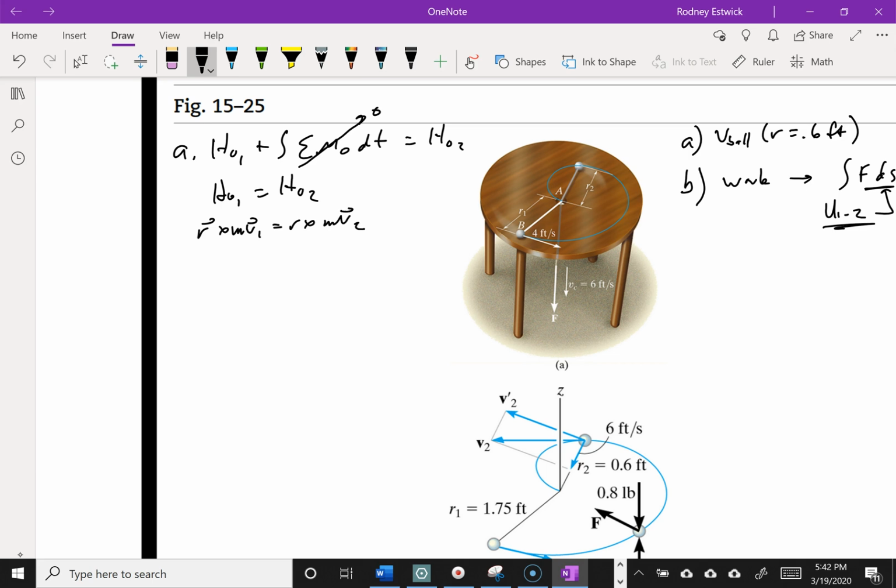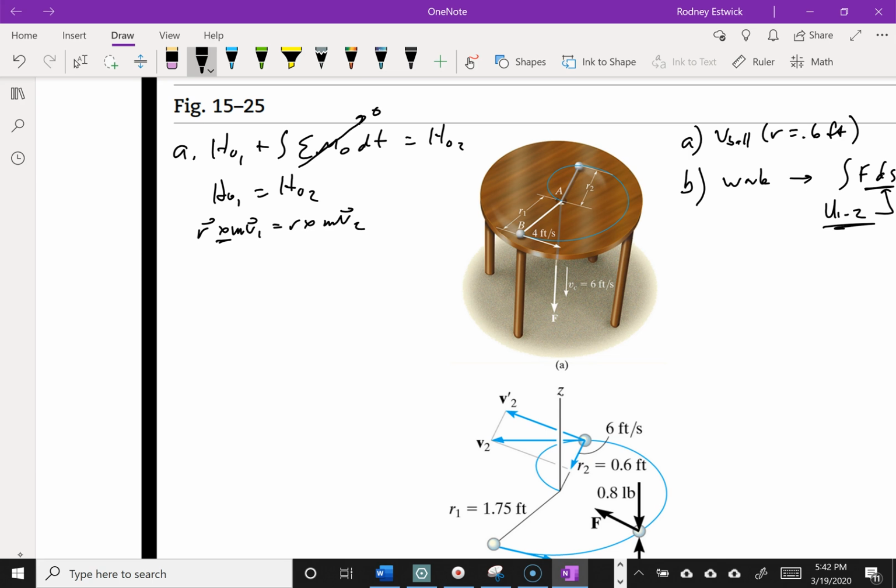All right, so what we have at the very beginning, the R and the V: V is 4 and R is 1.75, and they're 90 degrees to each other.